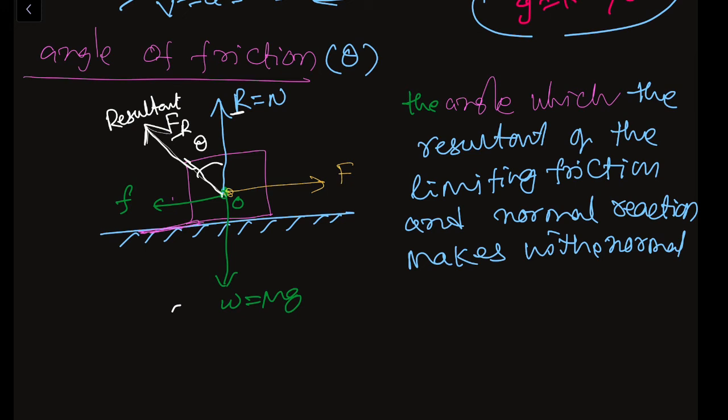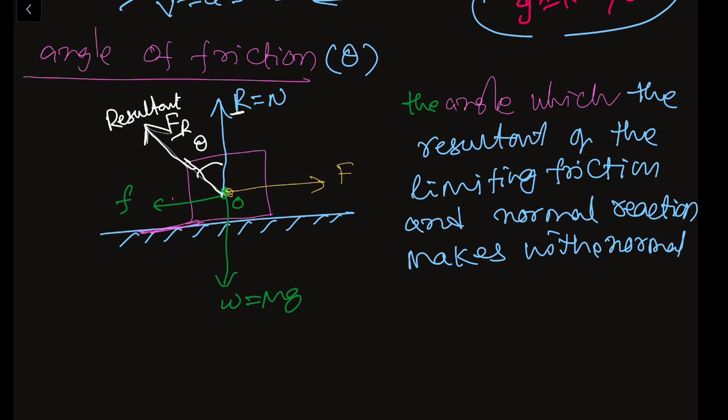Theta is called the angle of friction. Got it, children? The angle between the resultant of friction and normal reaction, which it makes with the normal reaction, is called the angle of friction.